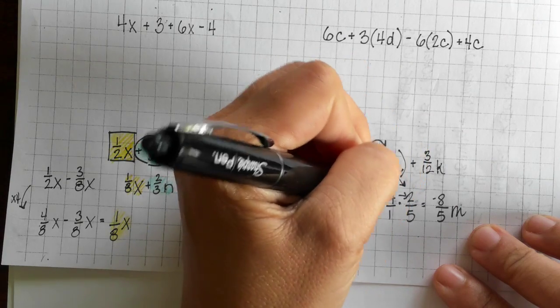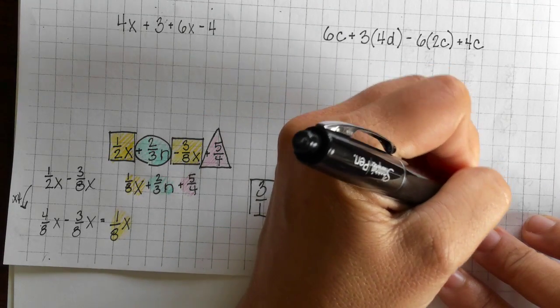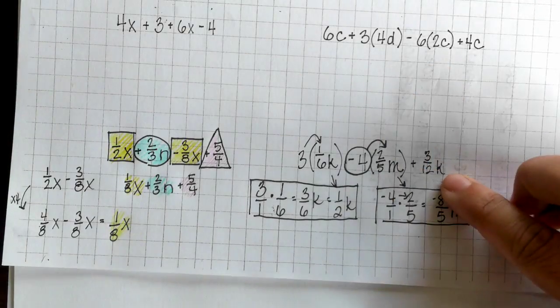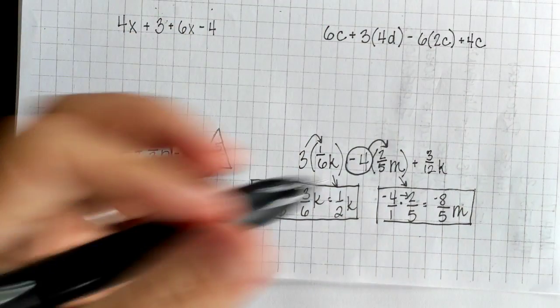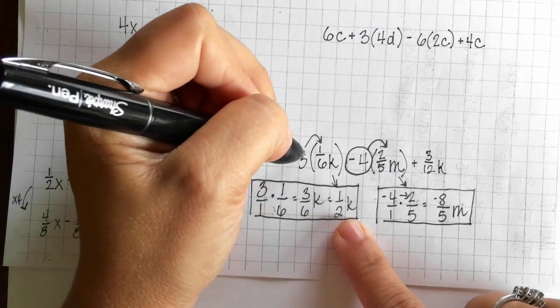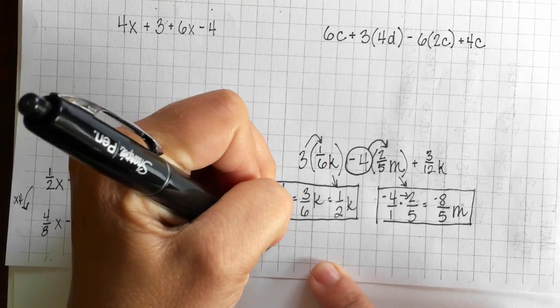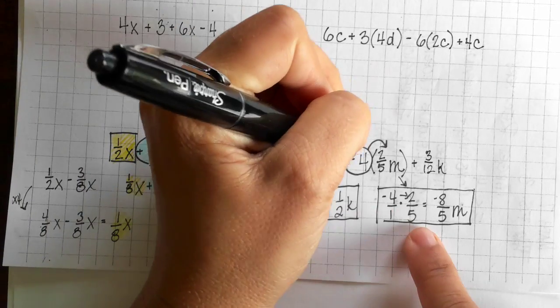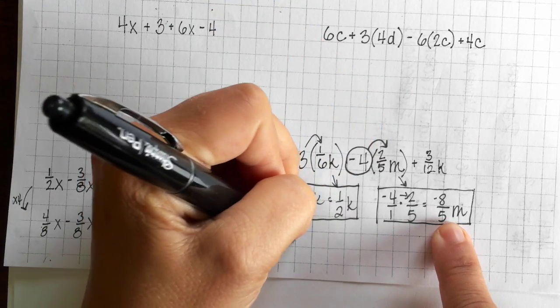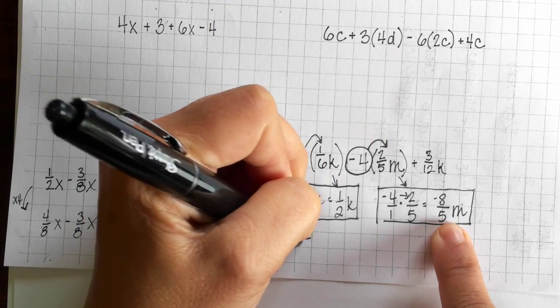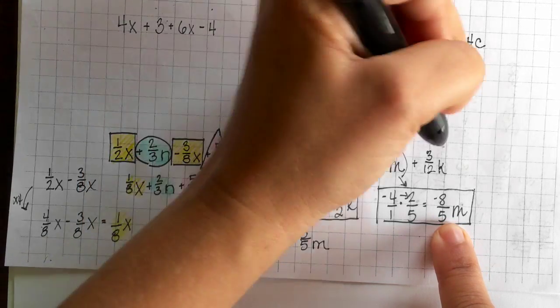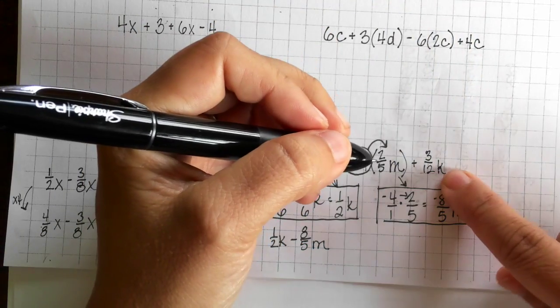That is my second part here. And I can't do anything here. So now I'm ready to rewrite what I have using multiplication. So this became this, and I'm going to write 1/2 k. This piece is this, so it's minus 8 over 5m. And then I still have plus 3/12 k.